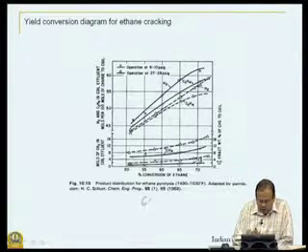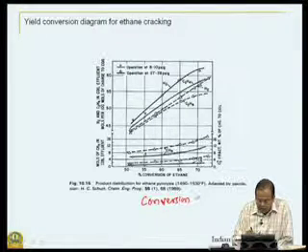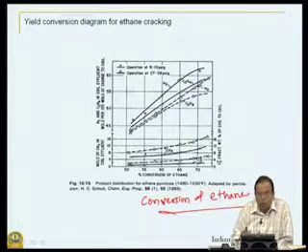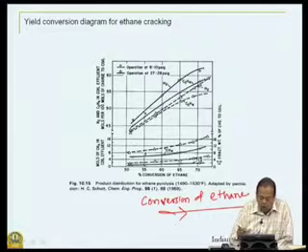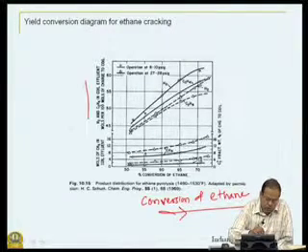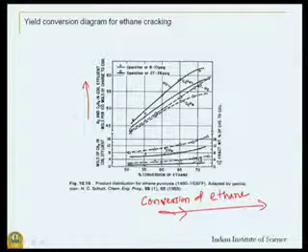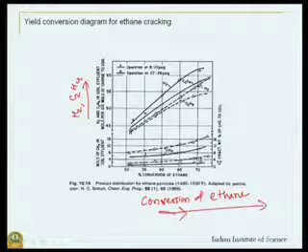So, what we have here, on the x axis, is the conversion of ethane, and on the y axis we have H2 and ethylene, moles per 100 moles of ethane.